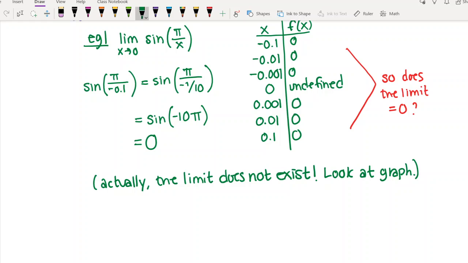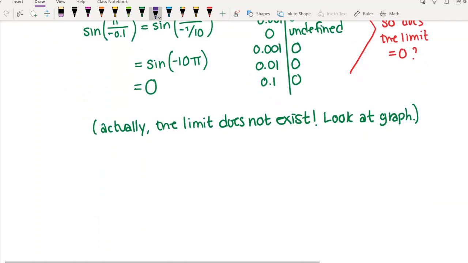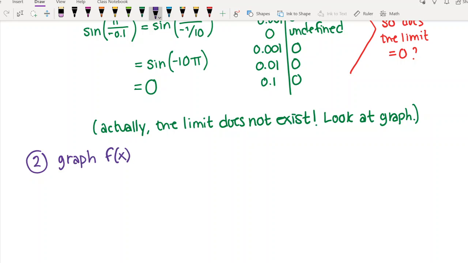Okay. So the next method that we're going to be talking about is actually looking at the graph of a function. So second method for evaluating limits is basically to graph your function f of x. And basically similar idea to what you're doing with plugging in numbers, right? When you're plugging in numbers, you're plugging in x values and you're seeing what happens to the y values. So similarly, when you're looking at the graph, you're going to be looking at where the y values are getting closer to as x gets closer to whatever place you're taking the limit.